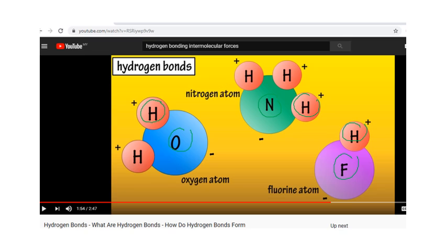Then this hydrogen can form hydrogen bond with this nitrogen. The hydrogen bonded to FON is at the same time also attracted to the FON from another molecule. So here is the hydrogen bond between these two molecules. This one can also be considered as hydrogen bond.